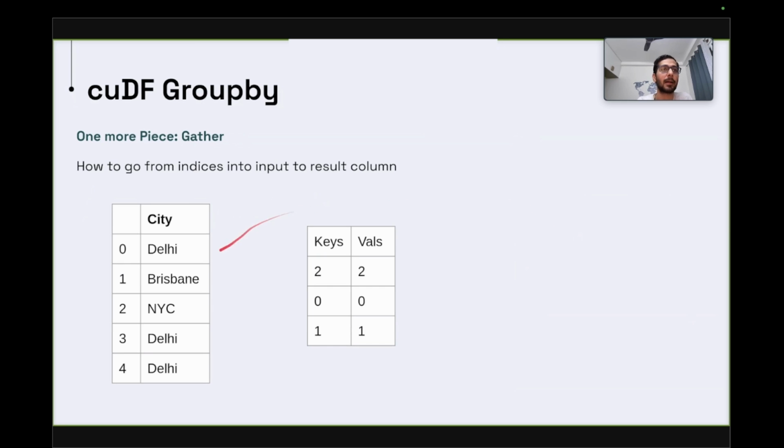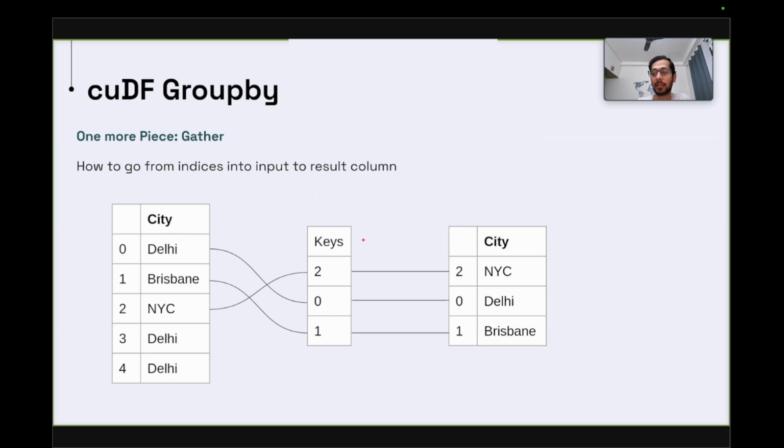So here's our original table, and here is our hash map storage. Now, because we used it in a way where we inserted the same value, we basically don't care about the values part of the hash map. Let go of it. Use just the keys to index into the original keys table and pull out the keys corresponding to that location.